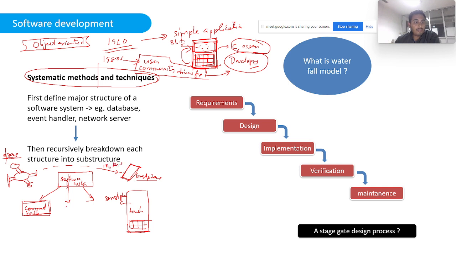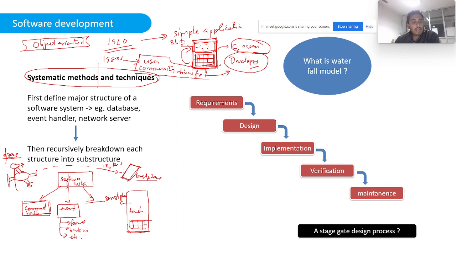Then you used to have the event handler. Event handler means how this particular thing has to move, whether you need to move it forward, backward, or it should be in autonomous mode. So all sort of events will be handled, like forward movement, backward, and so on.